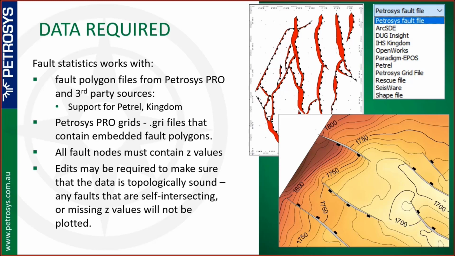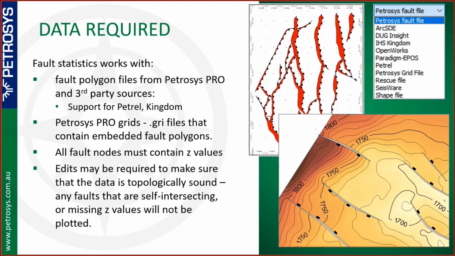The key thing is that the fault vertices must contain Z values. If they don't, you'll receive an error warning saying that the tool's not able to plot that data. So what you really need to do is make sure that the data contains that information and is also topologically sound.